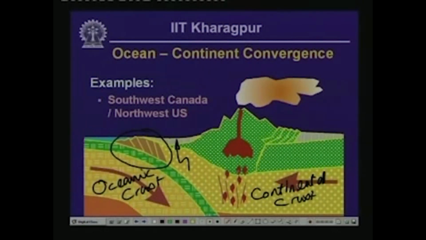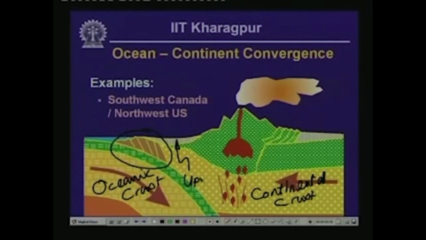Near the margins of the continental crust, the cracks within the continental crust typically lead to the upwelling of magma, as indicated here.